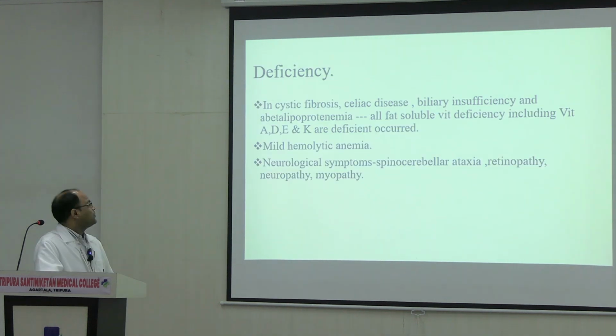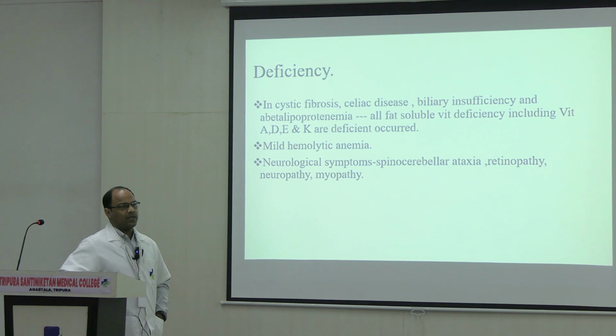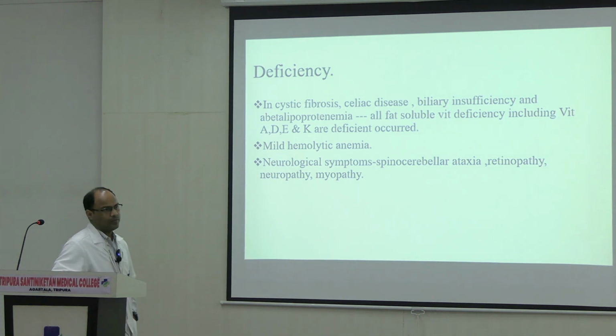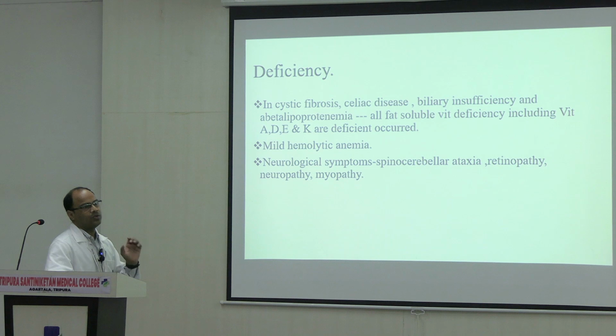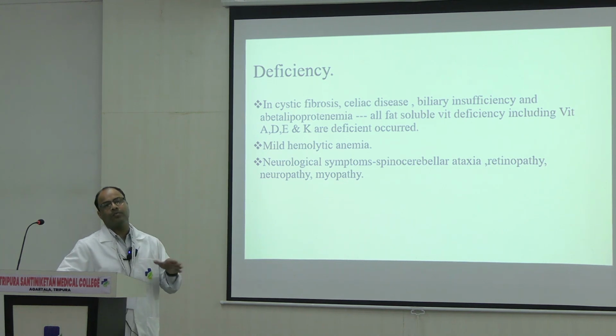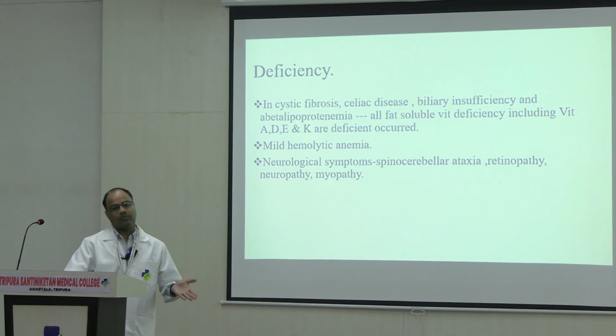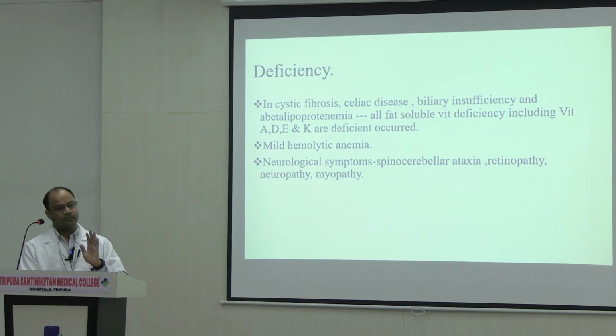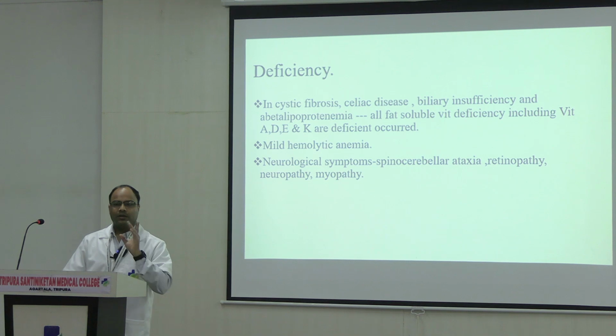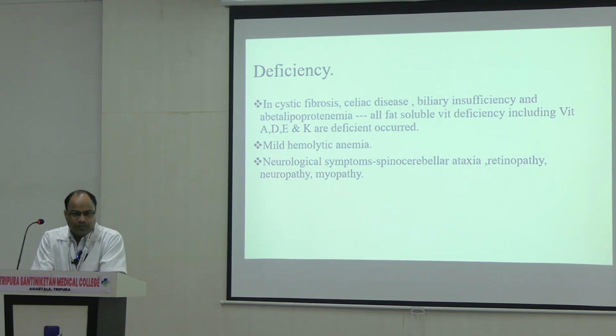Understand? Deficiency: when does the deficient condition occur? As I told earlier, vitamin E is fat soluble. So any disease which causes fat malabsorption from the gut eventually leads to vitamin E deficiency.